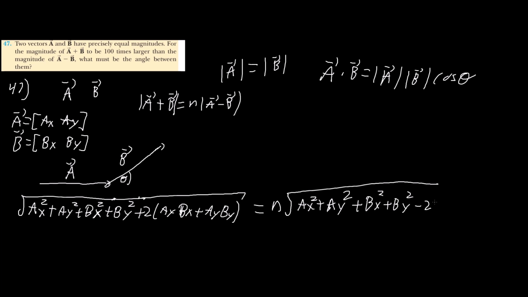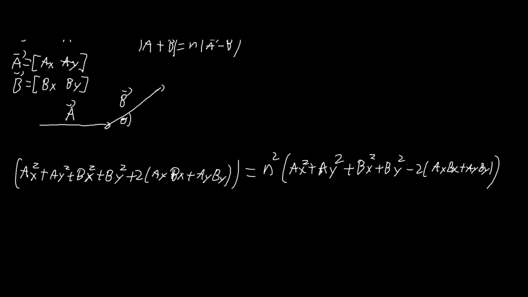So we're going to be taking 2 of AX BX plus AY BY. Right off the bat, I'm just computing the magnitude, writing the components down as I go along. But I'm going to take this whole thing and square it, so I'm going to rewrite it as this. And notice that I'm taking the square root symbol, folks.